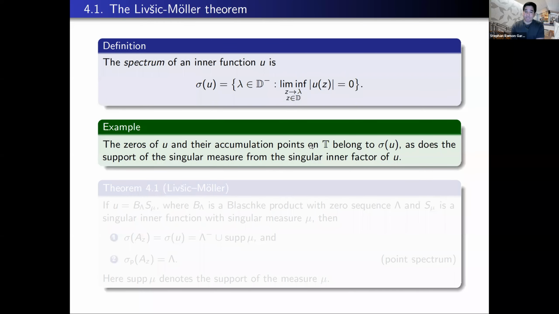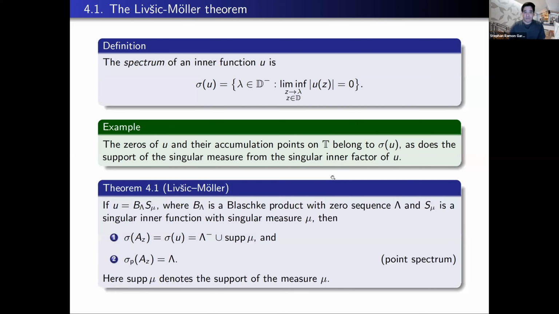Well, the zeros of u are automatically in here. Also, the accumulation points on the unit circle of the zeros of u are going to be in this lim-inf zero set. A little bit harder to see is that the support of the singular measure that arises from the singular inner factor of u is also in the spectrum. And it turns out that's basically it.